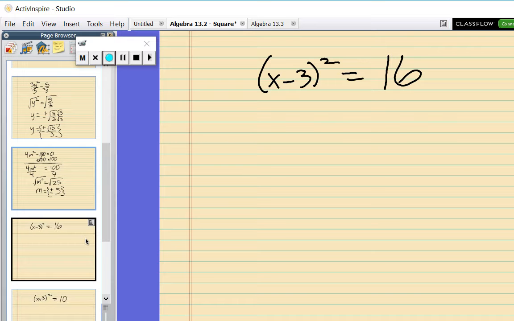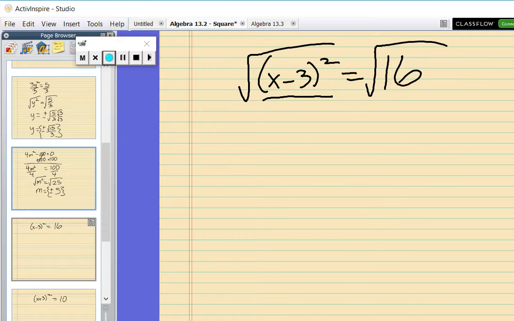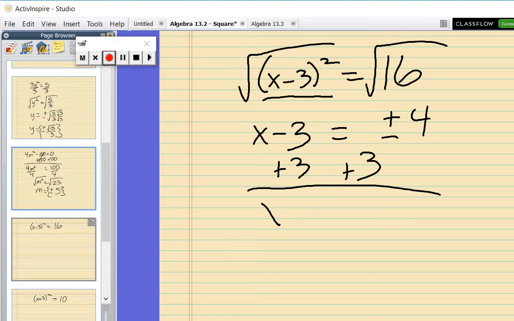Okay, got it. The square term is already by itself. It's this x minus 3 squared. We are going to square root from here already. That'll give us x minus 3. On this side, we have 2 possible solutions, positive and negative 4. Now we just get x by itself. Three plus or minus 4.